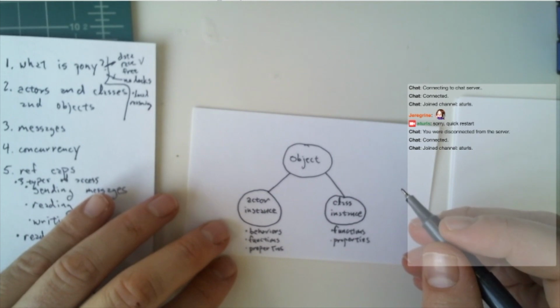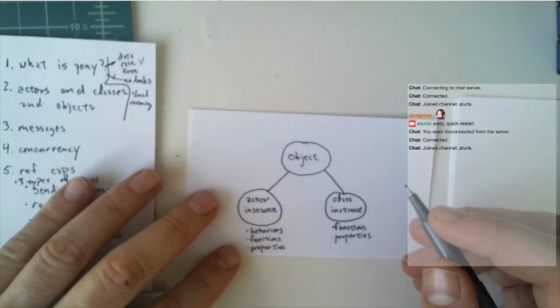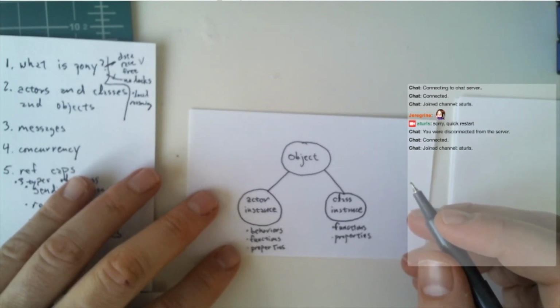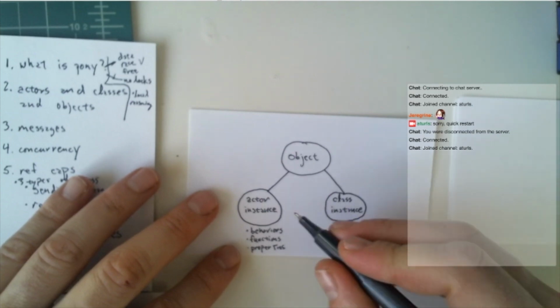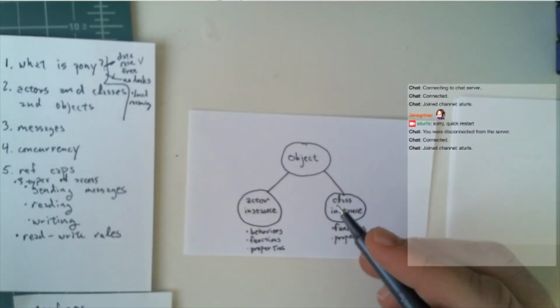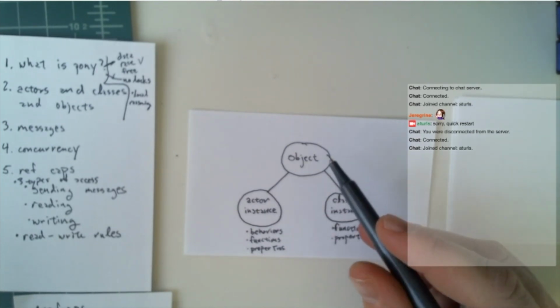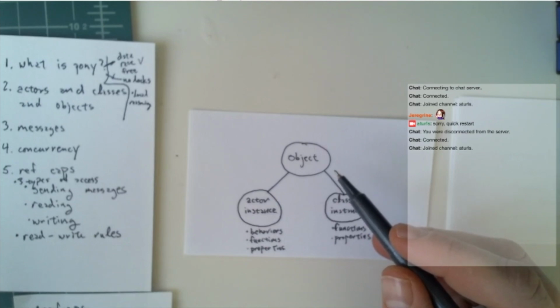I don't know if this is the best way to talk about it, but basically I want to convey that there are actors and there are classes. You can have an instance of an actor, you can have an instance of a class. Usually we talk about both of them as being objects.